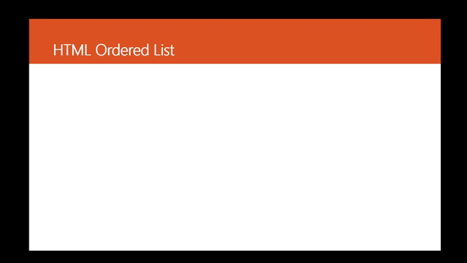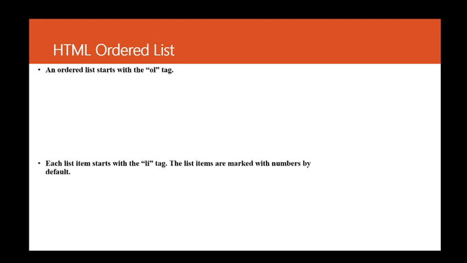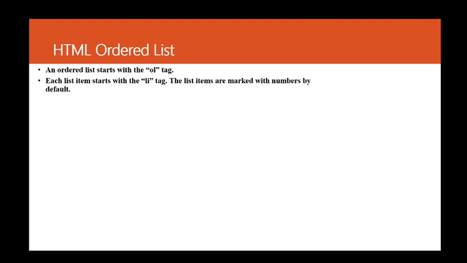Now the next type of list are called ordered list, and as the name says, they have a particular sequence or order in which the list elements or items are displayed. So what is an ordered list? This list starts with OL tag. Like UL list or unordered list started with UL tag, it will start with OL tag.